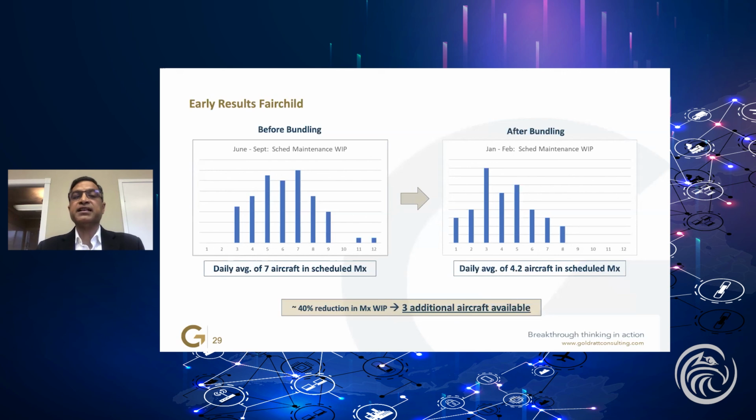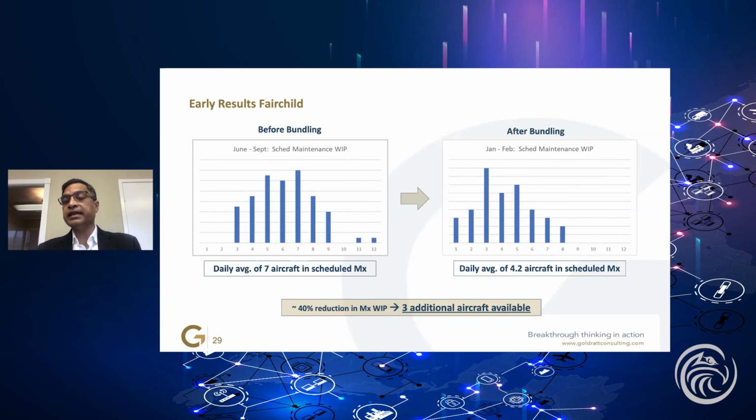On the left side is the picture that I showed you before, with an average of 7 aircraft in scheduled maintenance. This was last June to September. On the right side, Fairchild started implementing this in late November. And in January, you have already seen that the WIP has come down from 7 to just over 4. And what you also see is that the number of days that are 1, 2, and 3 are significant.